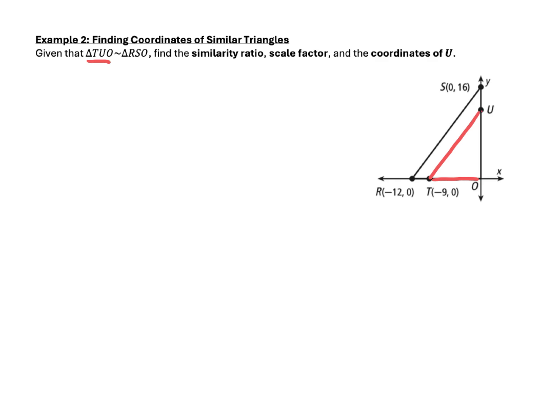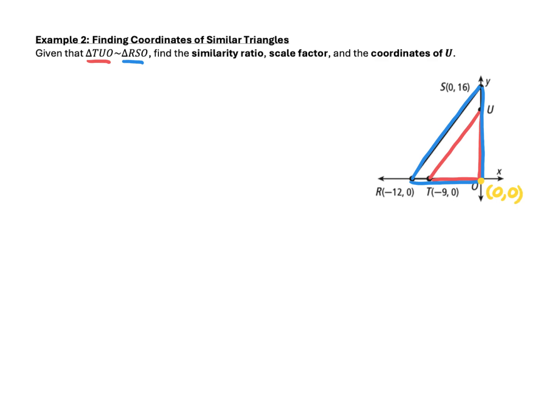TUO is this smaller triangle, and then RSO, I'll outline in blue, is this triangle right here. Now you might be thinking, I don't know any dimensions, so how can I find a missing value? But if we look at the corner here being like the origin, this is the point (0, 0).